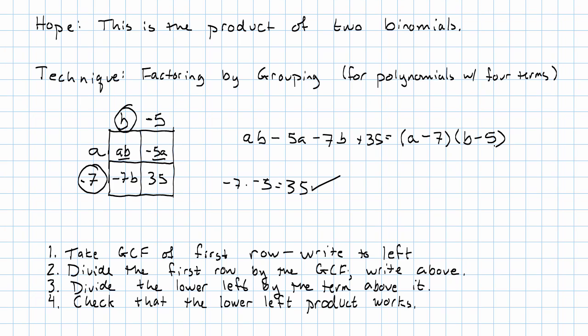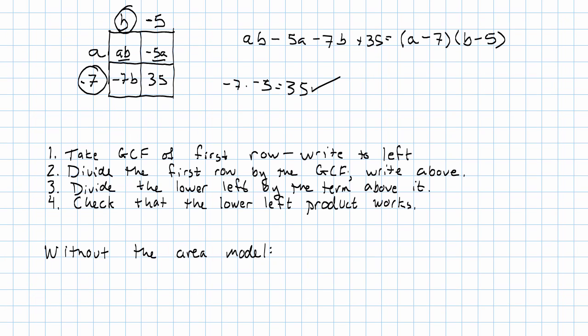Maybe you don't like the area model. Maybe you'd rather write this out just along a line. If we're going to do this without the area model, it is vitally important that we rewrite subtraction as adding the opposite.